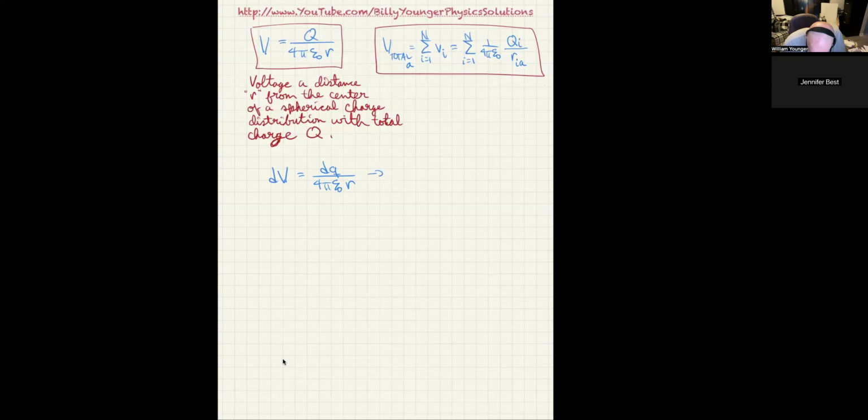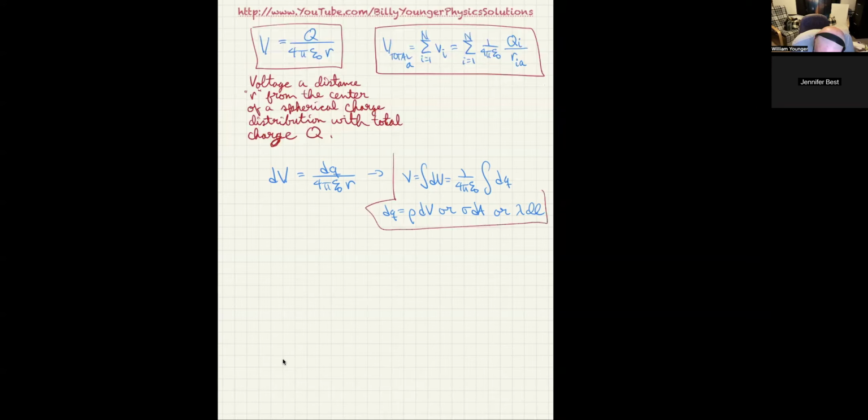Which means, of course, that V, which equals the integral of dV, is equal to 1 over 4 pi epsilon naught times the integral of dq. And we have our normal setup where dq could equal rho dV or sigma dA or lambda dL.